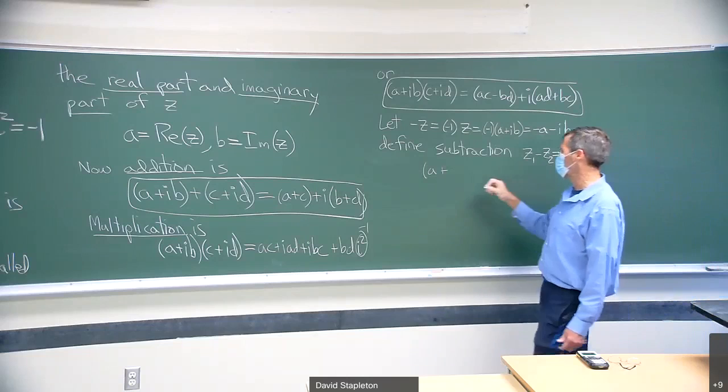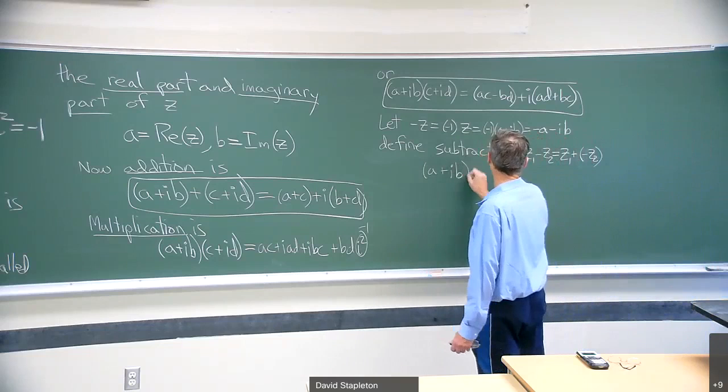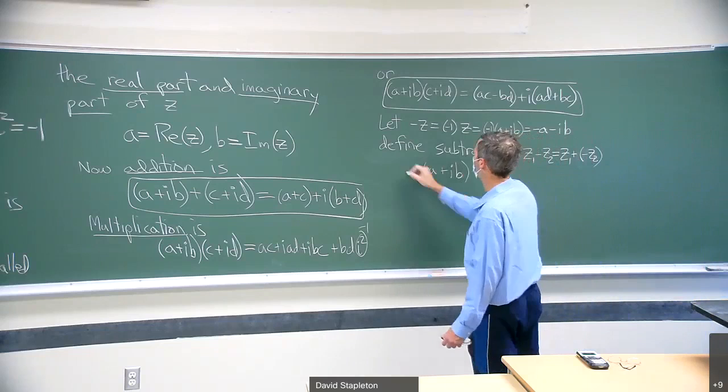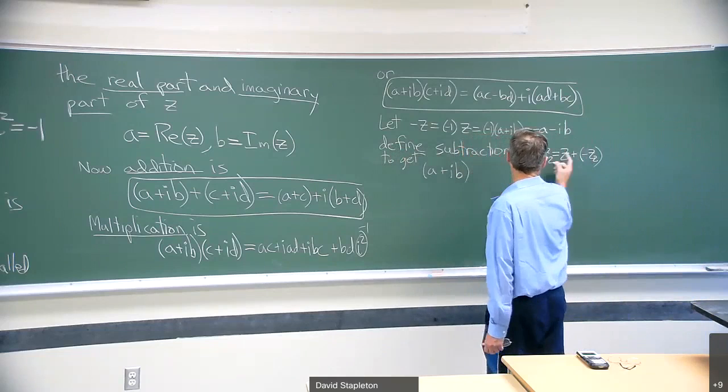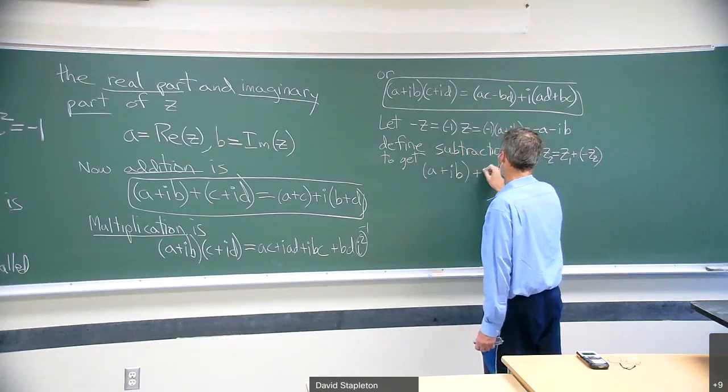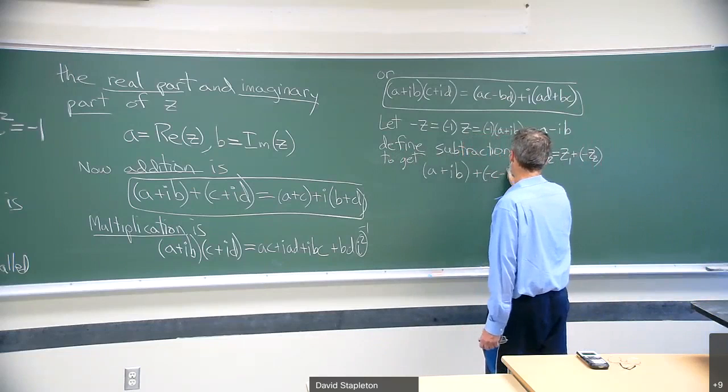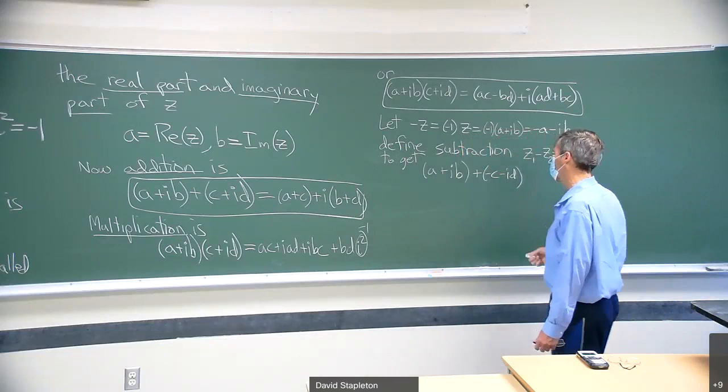This is a plus ib for the first one, plus minus this one, which is plus minus c minus id by our calculation here.